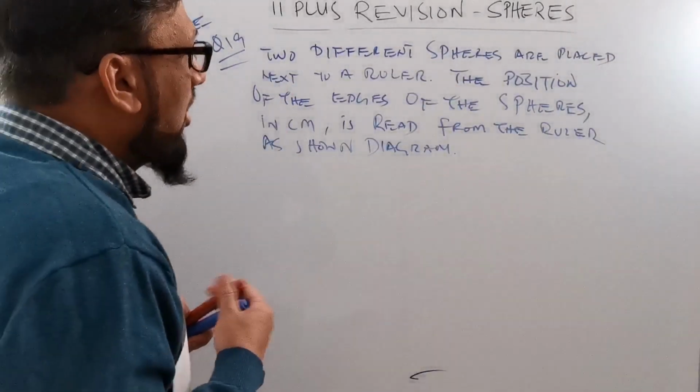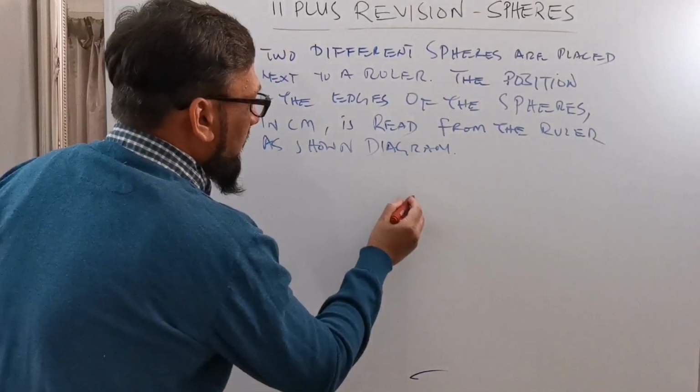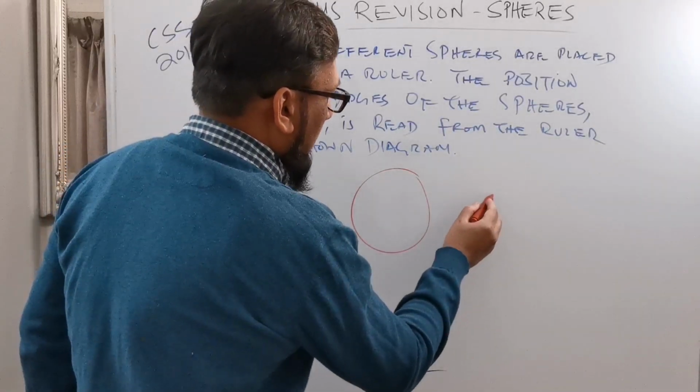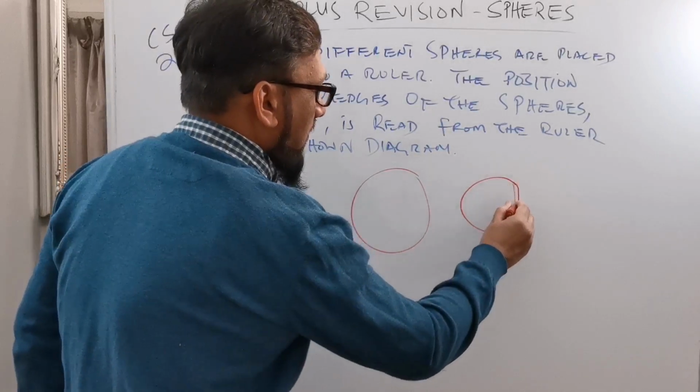So let me draw the two spheres. This is the first one, and this is the small one.